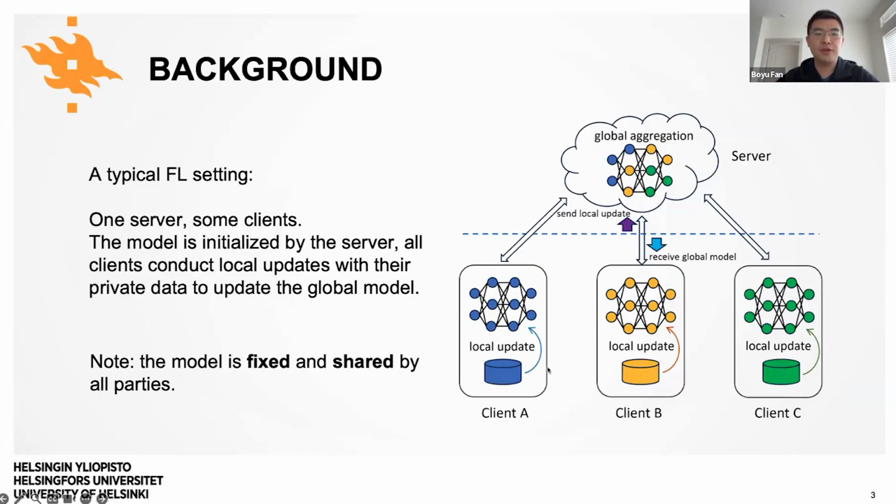You can see the different colors represent different knowledge, and after the aggregation, they are integrated into the global one, so they have contributed to it. But we should notice that the model here is always fixed because it's a universal one, initialized by the server and shared by all parties.